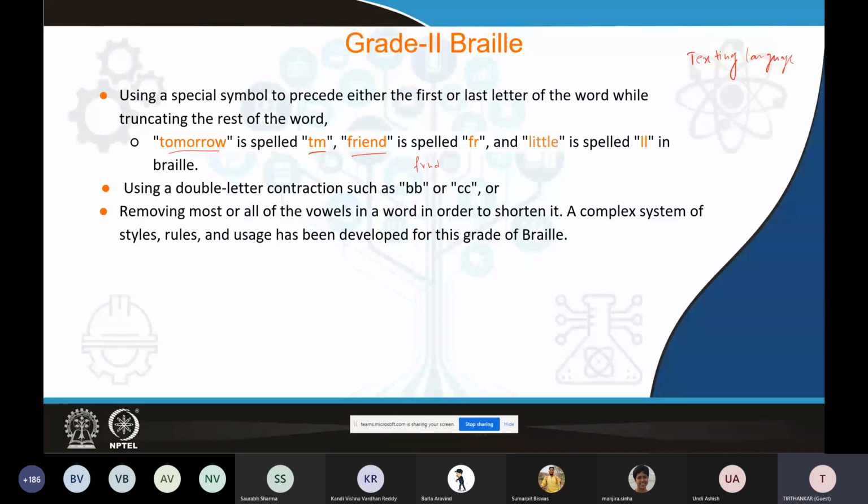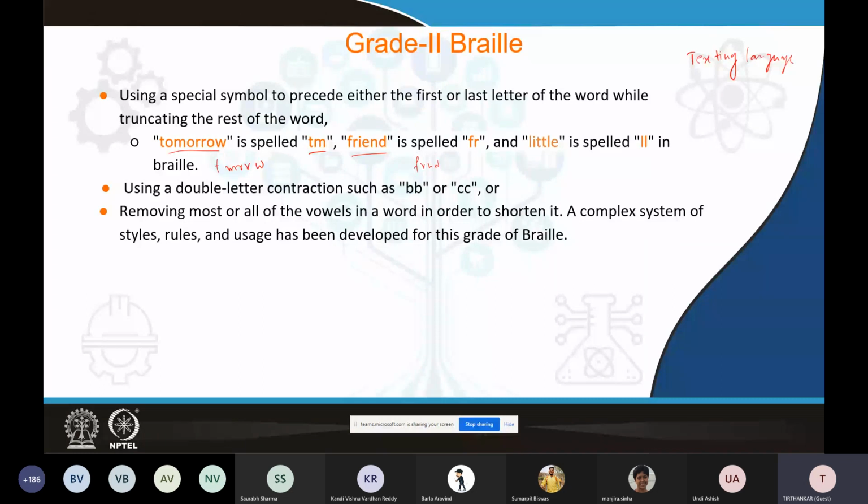So let's remove all the vowels from here, so it becomes T M R R W, right? So actually it is reflecting the same word. If you notice properly, it can give us the original word, tomorrow.